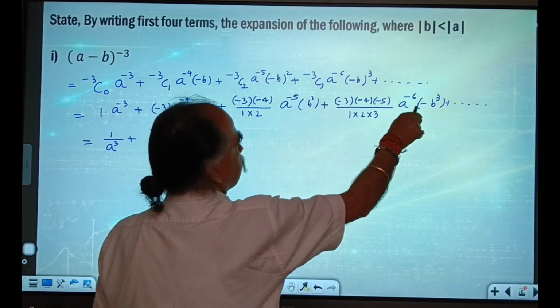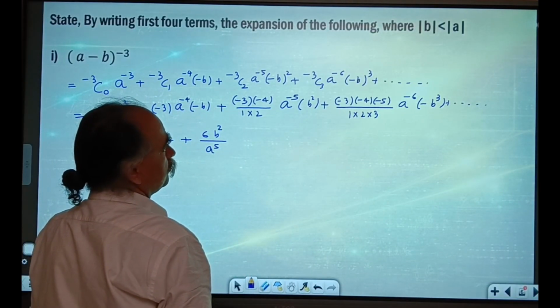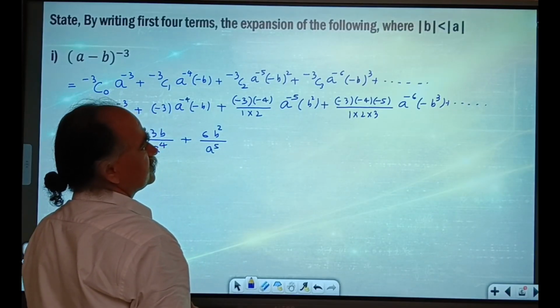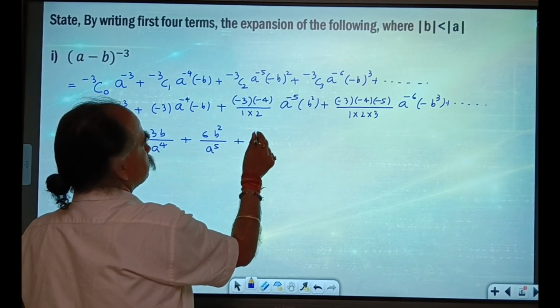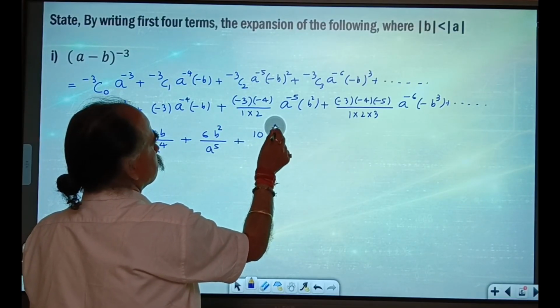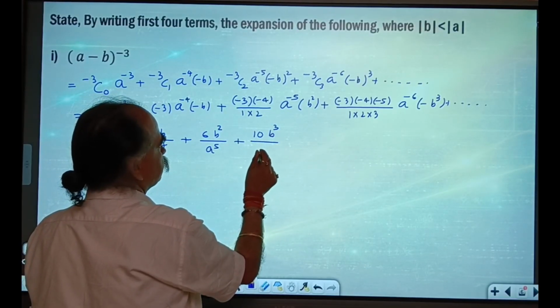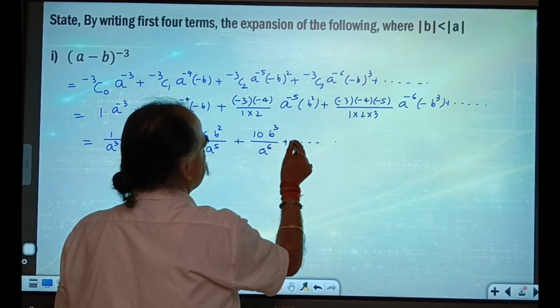Again 4 times minus will give you what? 3 3 cancel, 2 to the 4. So 2 5 are 10, 10b cube upon a raised to 6, plus so on.